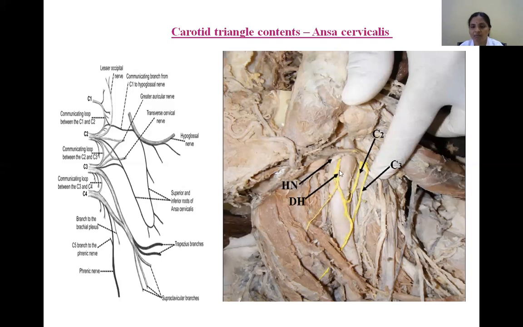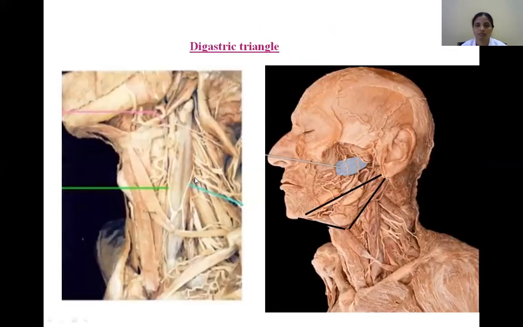The C1 fibers supply geniohyoid. Then C2, C3 fibers supply sternohyoid, sternothyroid, thyrohyoid, in addition to the superior belly of omohyoid and the inferior belly also. So omohyoid is supplied by this ansa cervicalis. Now, what is the digastric triangle?